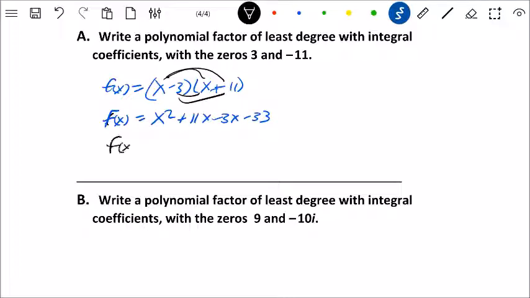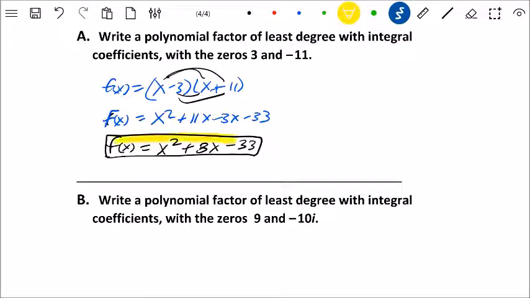And we get a final answer here of x squared, 11 take away 3 makes that an 8x, and then minus the 33.